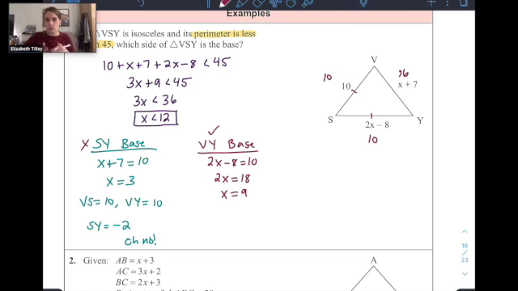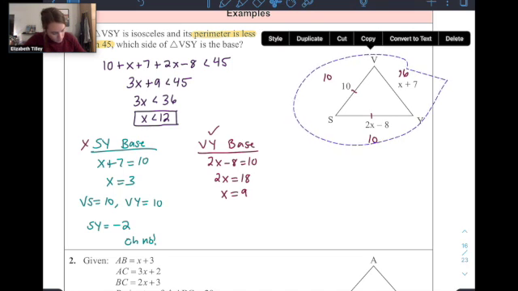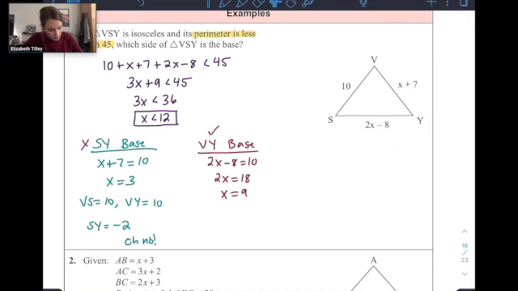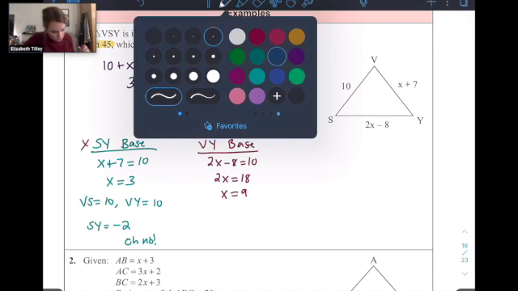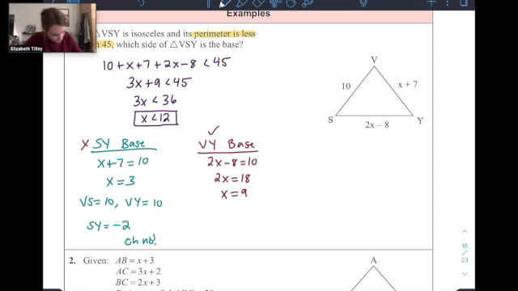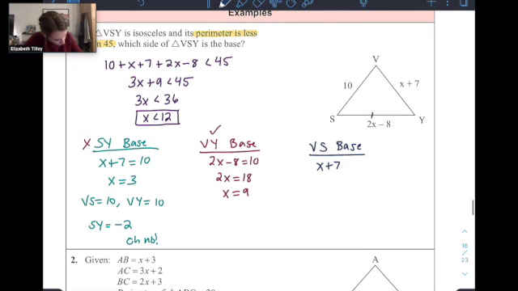What I want us to do, just to be extra careful, is to try the other side and see if something wacky happens. If not, it's possible that this problem could work two different ways to satisfy a perimeter less than 45. Let's see. So far, I like this one because all the numbers make sense. They match with our conditions. Let's try the third side, VS. If VS was the base, that means x plus 7 equals 2x minus 8, since these sides would be congruent.